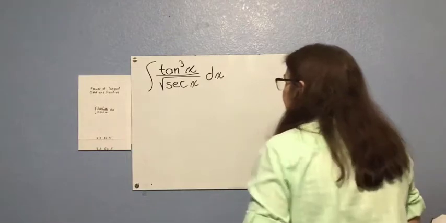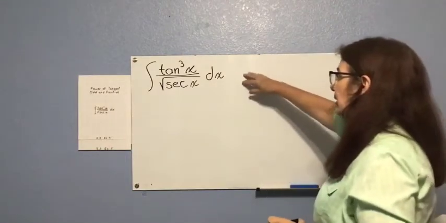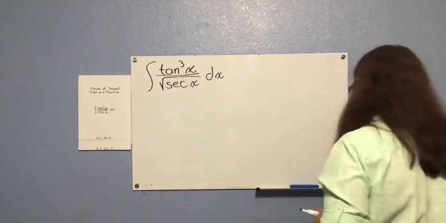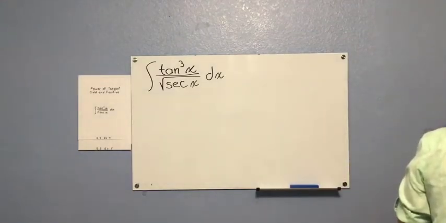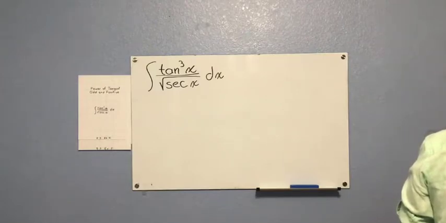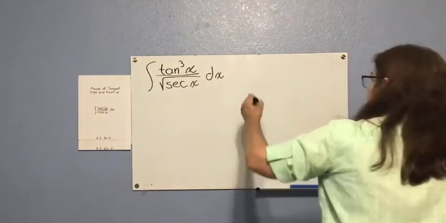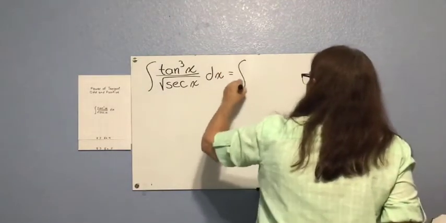Okay, we can see in this example that the power of the tangent is odd and positive. So we're going to use our second guideline. Save a secant tangent factor, convert the remaining factors to secants. So we're going to rewrite this a little bit.